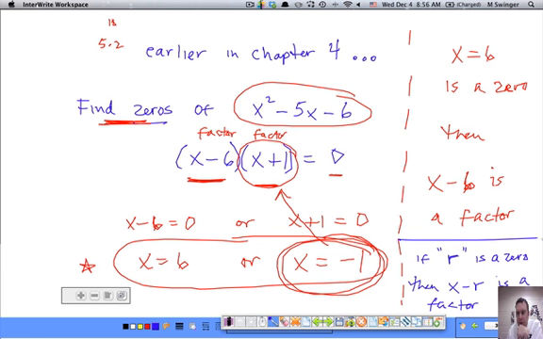This is very, very important. Star this idea, but understand it. If r is a 0, then x minus that number is a factor. Look, it's right here, x plus 1. Okay? So let's move on to the next type of example.